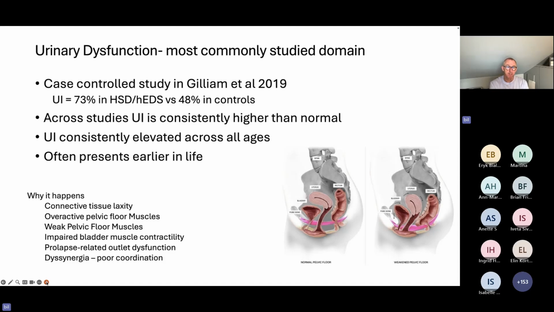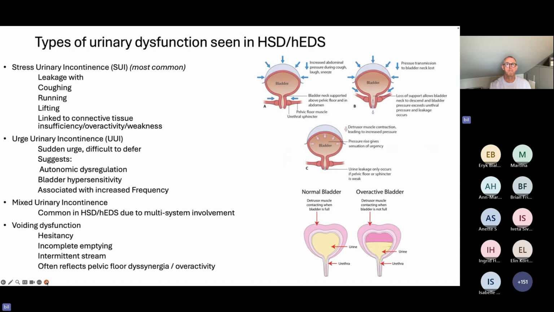Probably because of connective tissue laxity, overactive pelvic floor muscles, weak pelvic floor muscles, or a combination of both of those. Impaired bladder muscle contractility, impaired bladder support, prolapse-related outlet dysfunction. So the tissue, the actual pelvic floor and the muscles are not supporting the pelvic floor organs. And then dyssynergia, where the coordination between all of these systems is poor.